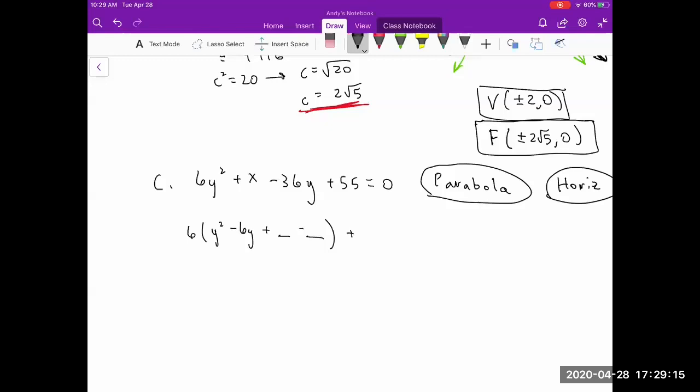And then we have the x and 55. I'll leave it as plus x plus 55. We're going to need to do that later. So I hope we see what I did. I gathered the y's together, and then I pulled out what they have in common, 6.